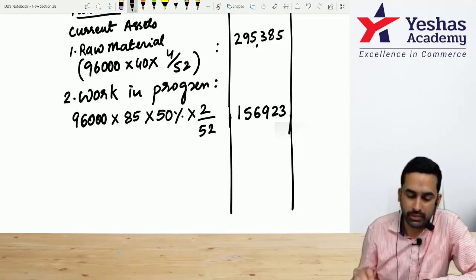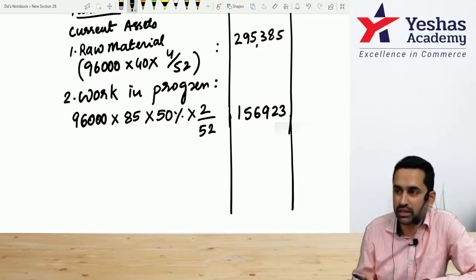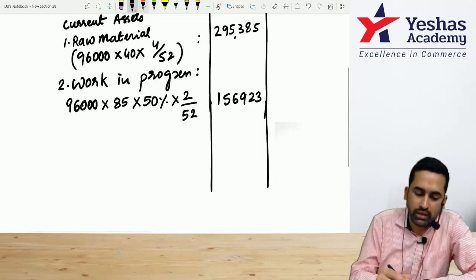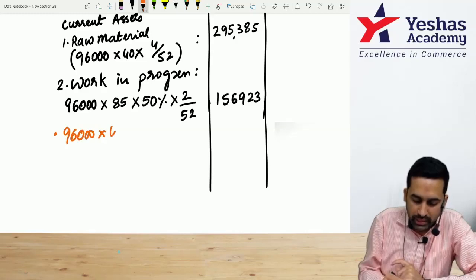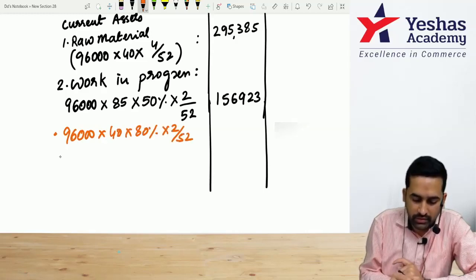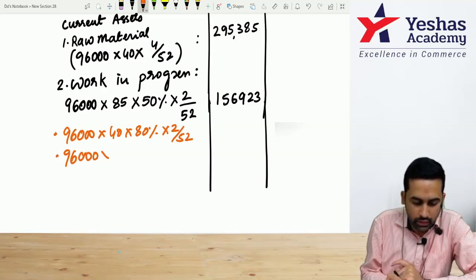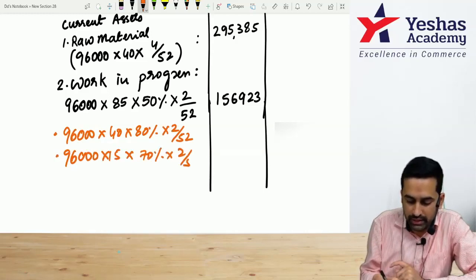If the degree of completion was separately given for material, labor and overhead, then my working would be something like this: 96,000 into material cost into whatever DOC they give. Labor will be 96,000 into labor cost into, if they give 70%, like this.